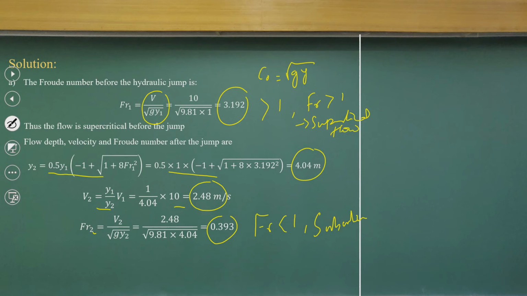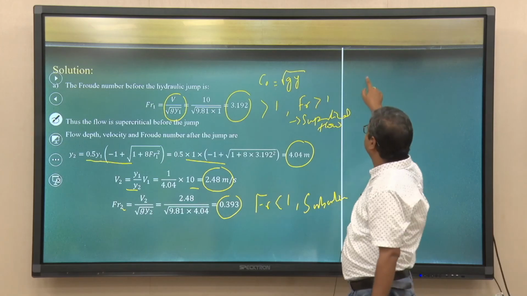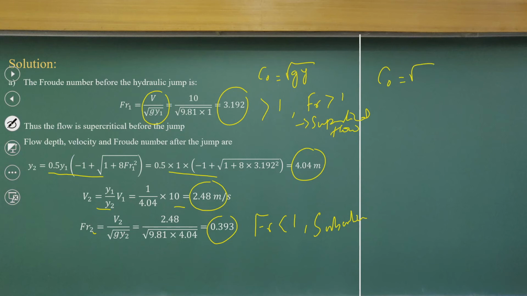The flow Froude number, you need not remember it, it is a ratio between the velocity of flow and the speed of surface water wave. The speed of surface water wave has the relationship C naught equals square root of g into y, where y is the flow depth. For y1 depth, the speed will be square root of g y1, for y2 depth, that value C2 will be square root of g y2, that is all.